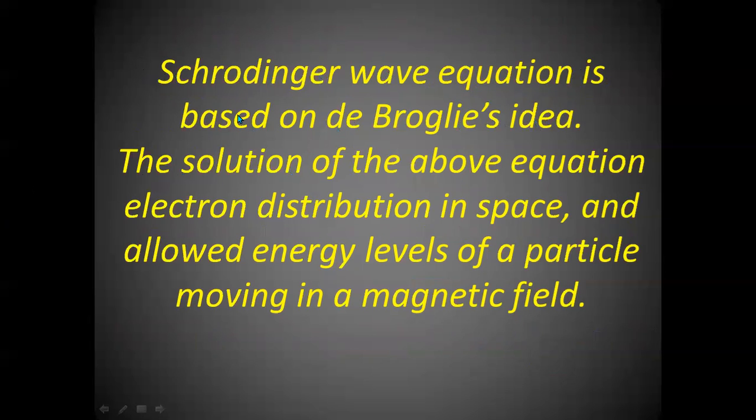De Broglie says that bodies like the electron have two natures, wave nature and particle nature. And the solution of the above equation will give the electron distribution in space, how it is distributed in the atom around the nucleus, and only the allowed energy levels will be taken for a particle which is moving in a field. Here the electron is considered as a particle or standing wave under the influence of a certain field.